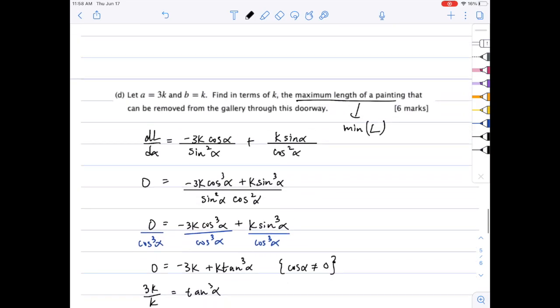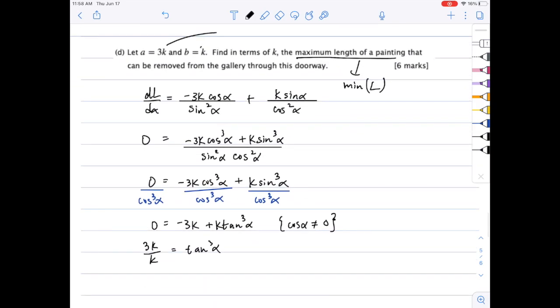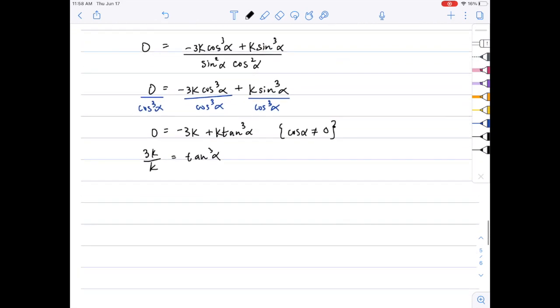By the way, k is related to the A and B values, and because it's related to those, it kind of represents the width of the corridor and the art gallery. So k is going to be positive, just as A and B are positive constants. Okay, so k is a positive constant. Because k is a positive constant, it's safe to divide through by k here. It's fine.